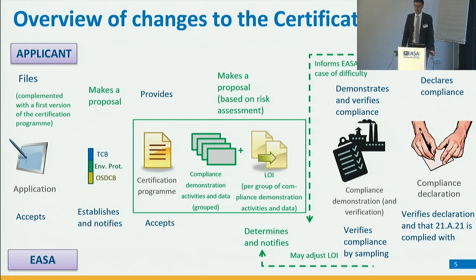Therefore, the applicant has to provide a certification program, and this shall also include what we call compliance demonstration items, which are groupings of compliance demonstrations, and the only purpose of this grouping is to provide a risk assessment. We will come to this in more detail afterwards, and based on this risk assessment, the applicant shall propose the level of involvement from EASA's side based on the risk.